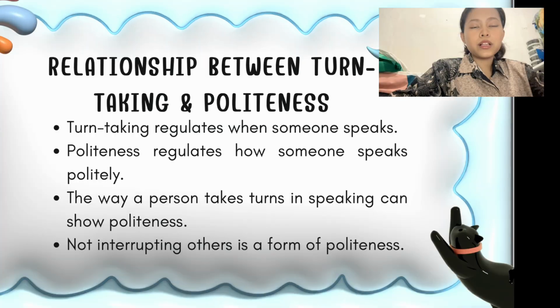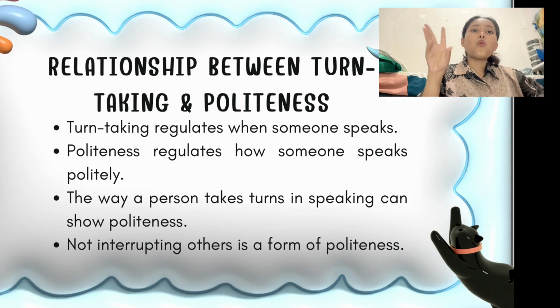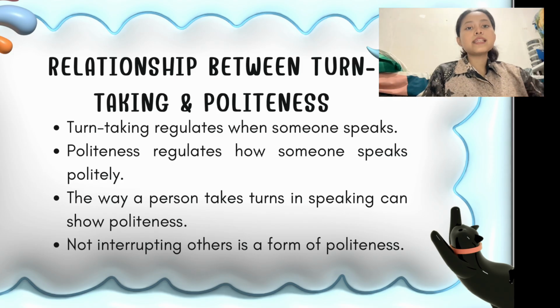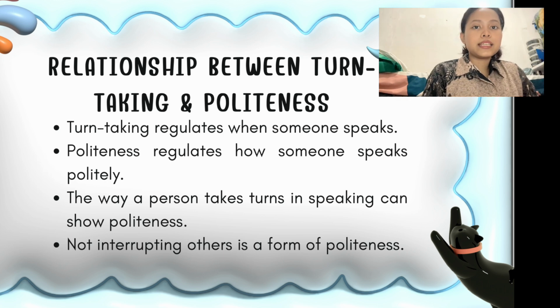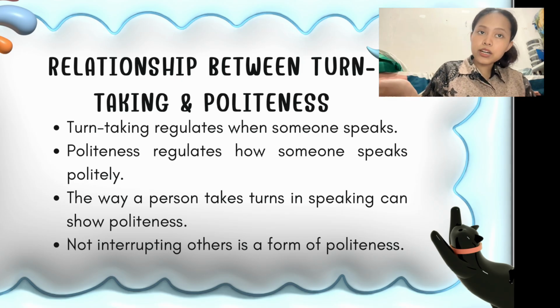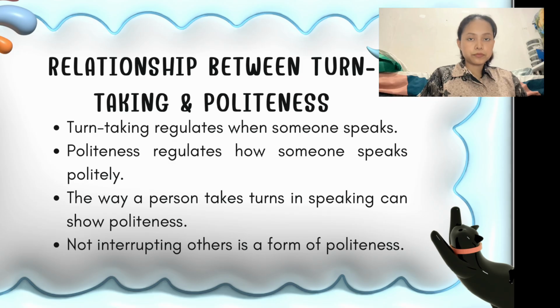Let's look at the relationship between turn-taking and politeness. Turn-taking regulates when someone speaks, and politeness regulates how someone speaks politely. The way a person takes a turn in speaking can show politeness. For example, not interrupting others is a form of politeness.